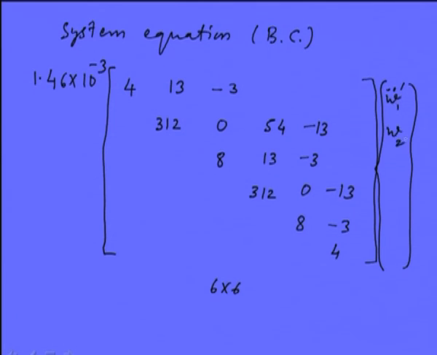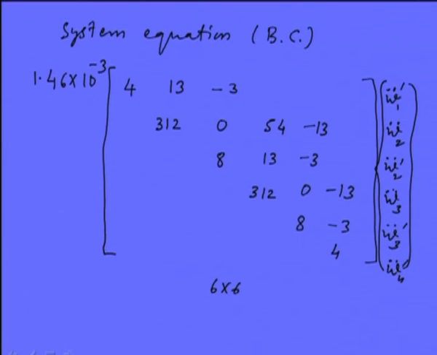Then W2 double dot is there, W2 prime double dot is there, W3 double dot is there, W3 prime double dot is there, W4 is not there, and W4 prime double dot is there.